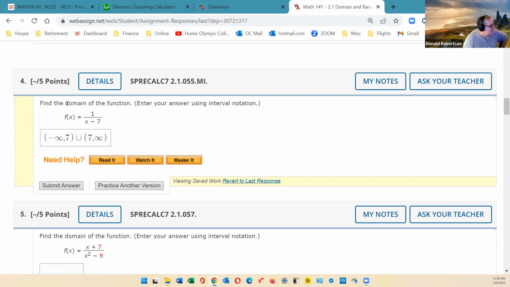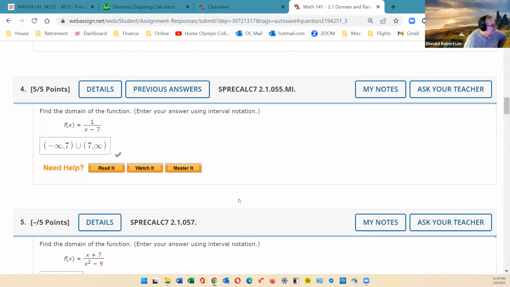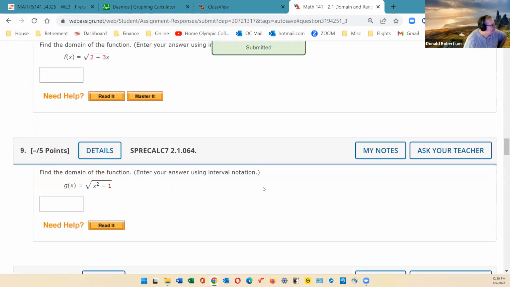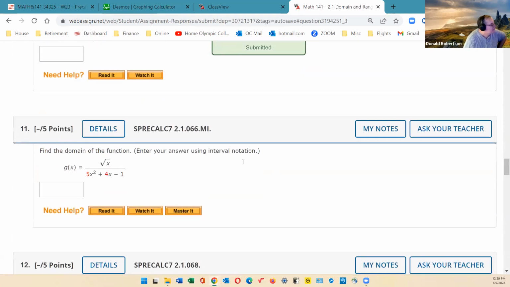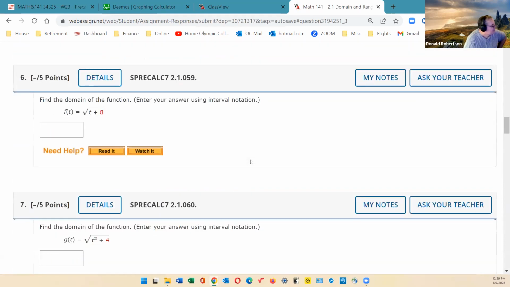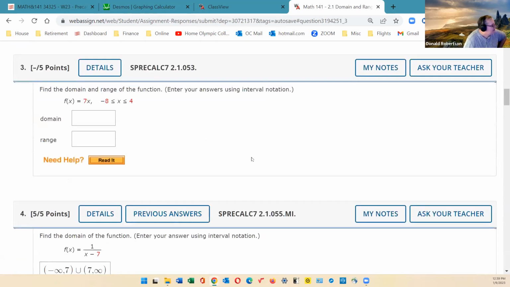And in this question, they only wanted the domain, which is pretty common, right? And if I hit submit answer, I will get a nice green check mark, right? Fingers crossed, go for it. Wrong direction, up here. Where are you?